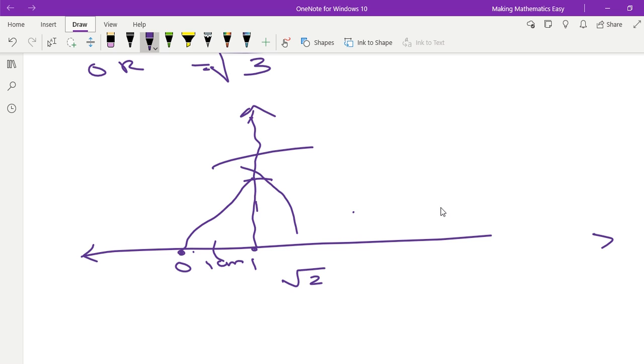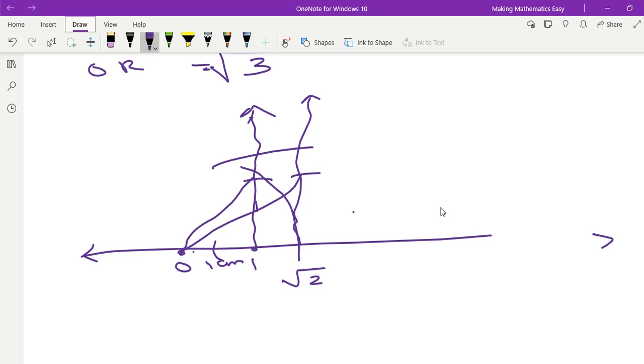When you draw this, this will be your root 2. Now when you draw from here, you need to draw a straight line, and then you can take 1 centimeter again here. This is your root 2. Now we need to join these 2 points.